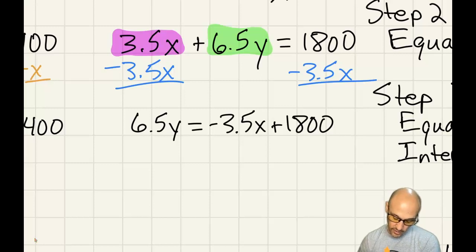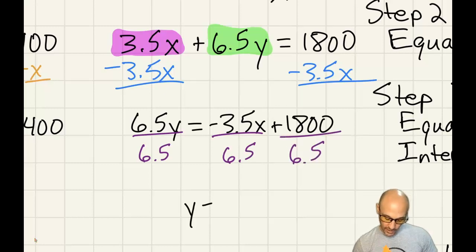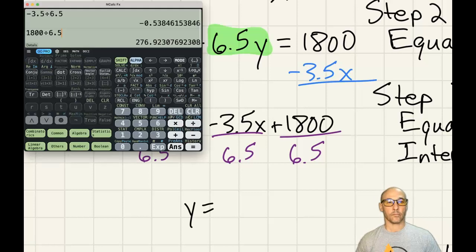The last thing we need to do to finish solving for y is divide by 6.5. So we divide by 6.5, divide by 6.5, divide by 6.5, and I'm going to pull up a calculator here so we can make sure we get that right.